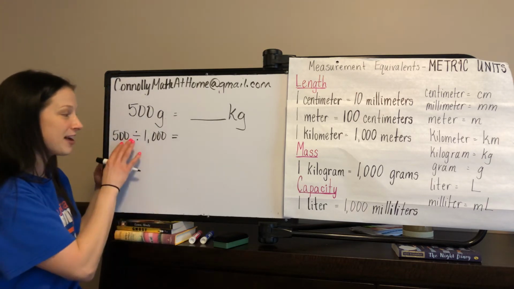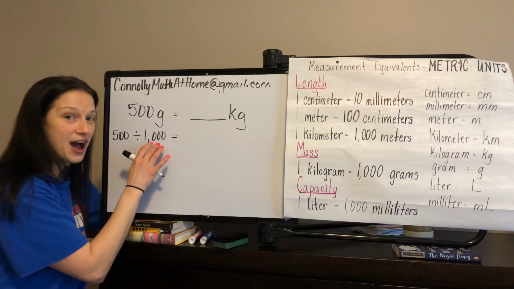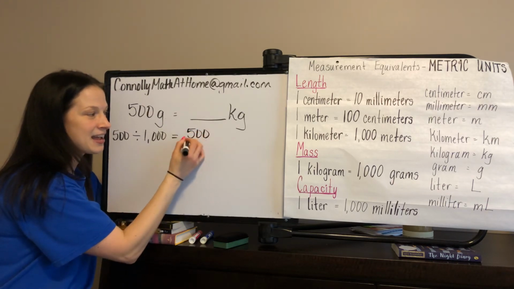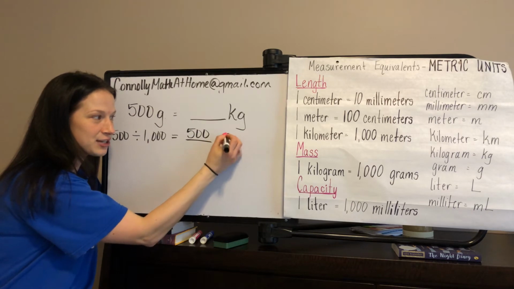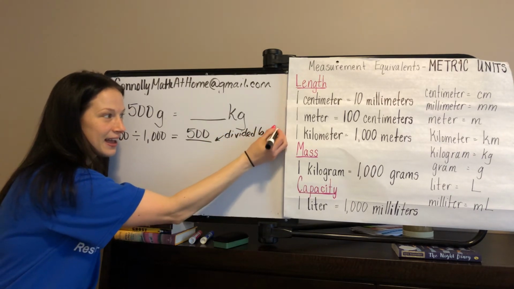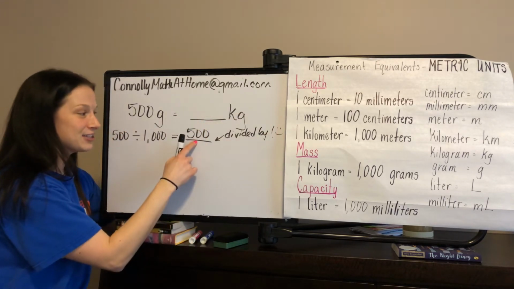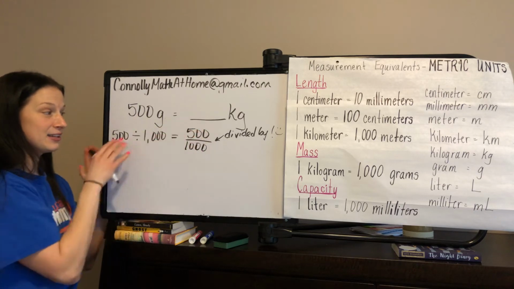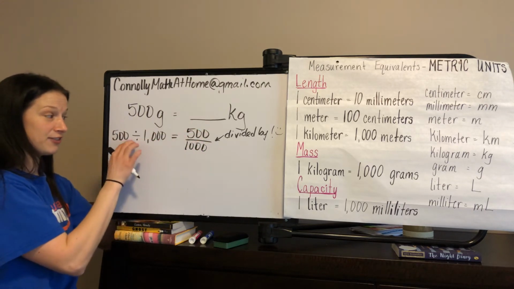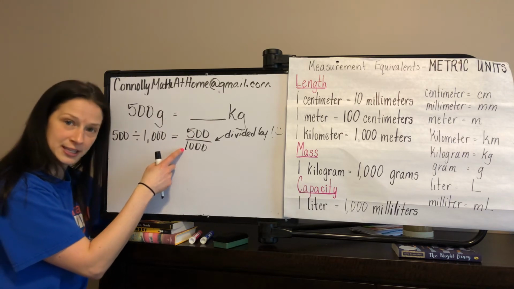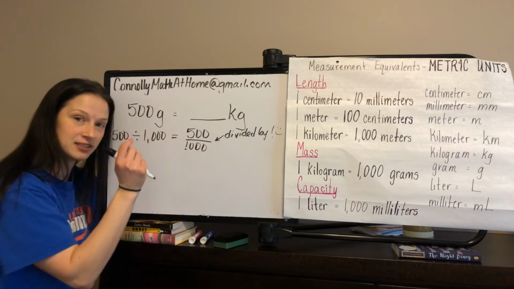Okay, so 500 divided by 1,000, another way we can write that is 500 over 1,000, because that's what the fraction bar stands for. It's so exciting. So that's another way. These are equivalent expressions. 500 divided by 1,000 is the same as 500 over 1,000, which is the same as 500 thousandths.